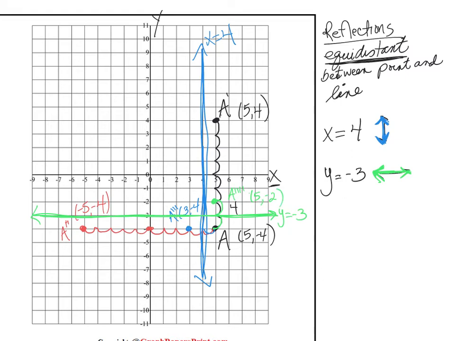Now we also did happen to mention, I believe, what if we were reflecting over the line y equals x? Now that's that diagonal line that goes through the origin.